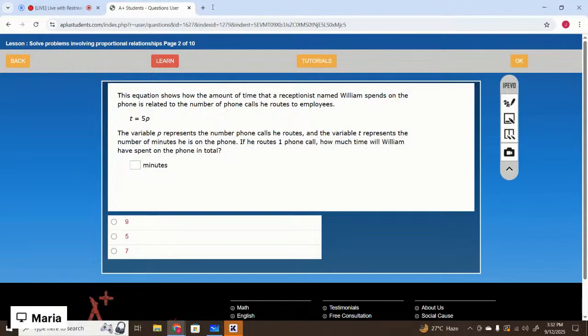The variable P represents the number of phone calls he routes. The variable T represents the number of minutes he is on the phone. If he routes one phone call, how much time will William have spent on the phone in total?